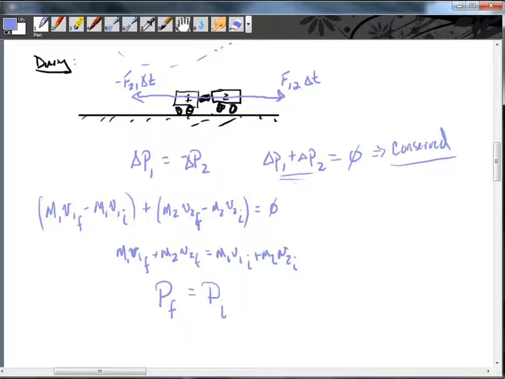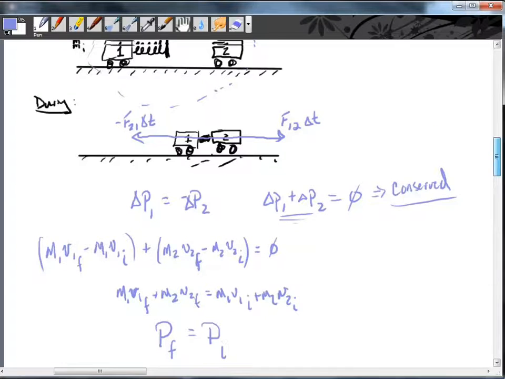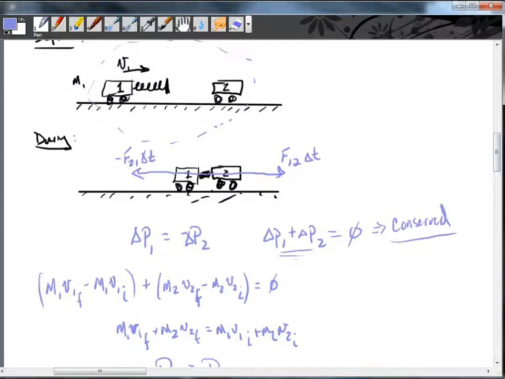Now, again, what was the assumption on all of this? The assumption is that there are no external forces, right? If there was an external force acting upon this system, momentum would not be conserved.